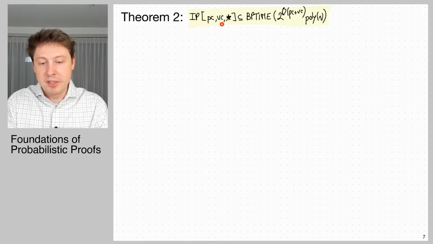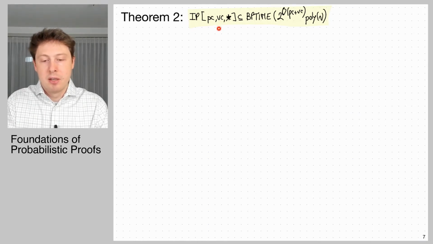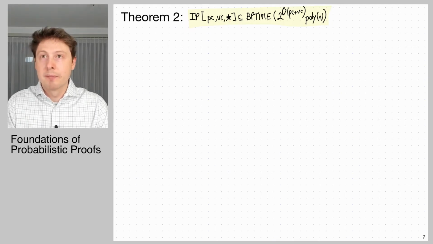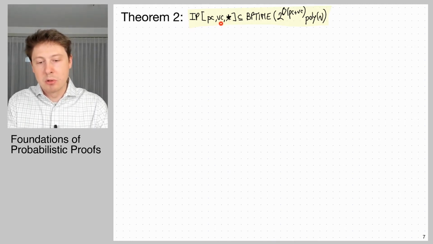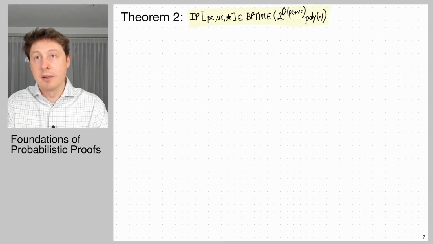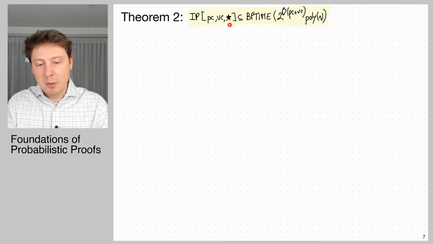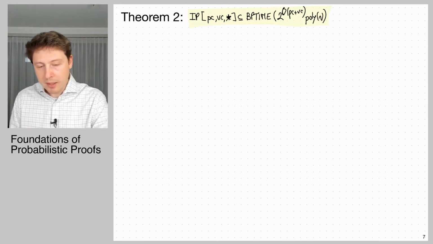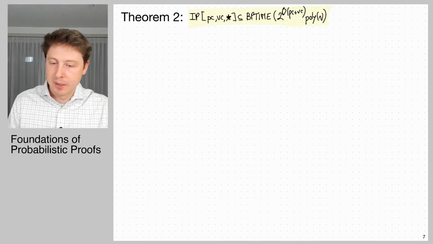It could be that VC is, I don't know, n to the 3, and star is, I don't know, n to the 100. Or maybe VC is like square root of n, and this is n. So we're just ignoring how much randomness the verifier uses, but we want to bound just the actual communication.